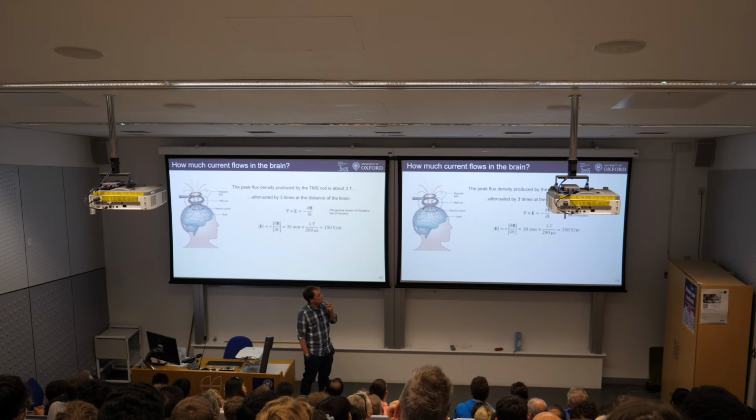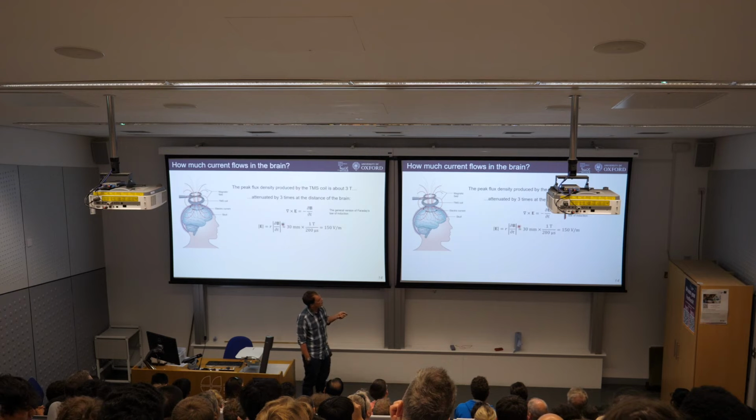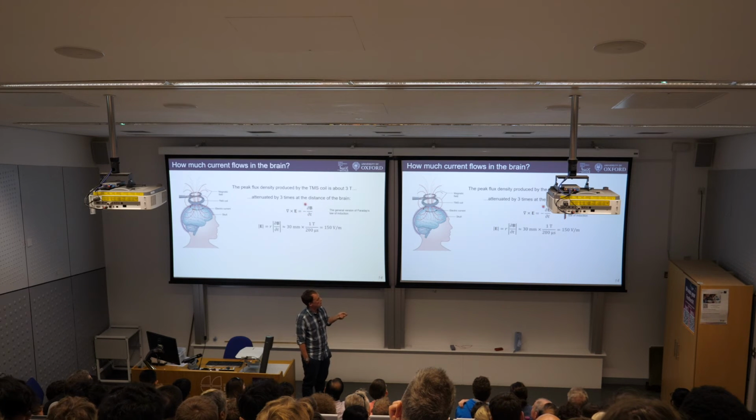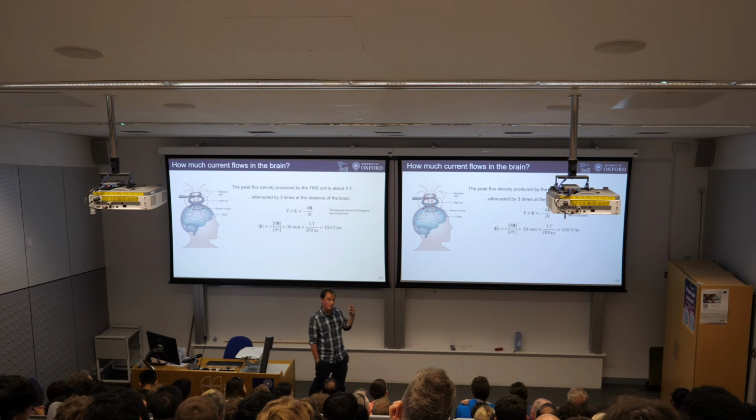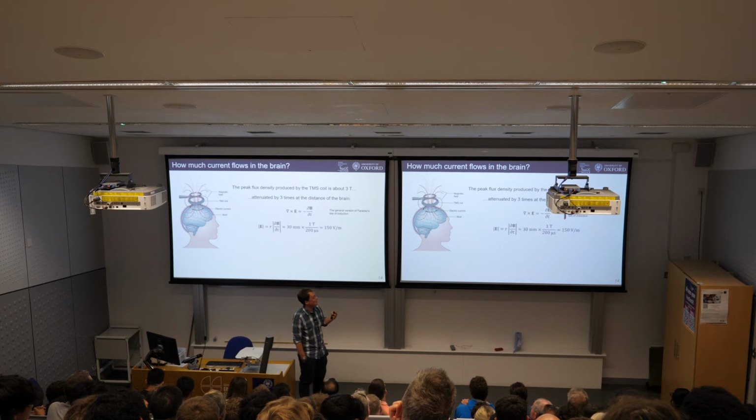Now, if we take the general version of Faraday's law that says the curl of the electric field, so this is the voltage induced in the brain, you can think of the E as the electric field, is equal to minus the partial derivative of the flux, that's the B, magnetic flux, peaking at 3 Tesla, by dt. Right?